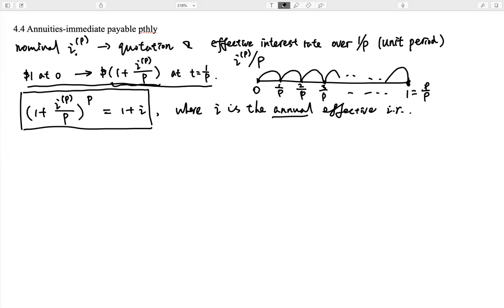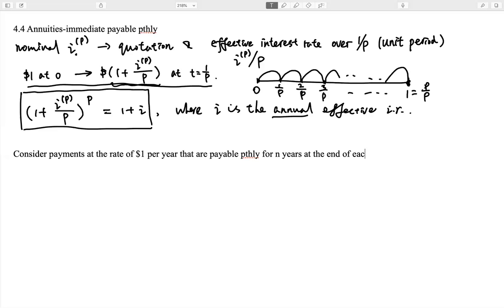So now what we have is payments like this. Let me first type what we are trying to study now. It's now where we have things different. Okay, so we consider payments at the rate of $1 per year that are payable P-thly for n years at the end of each period.